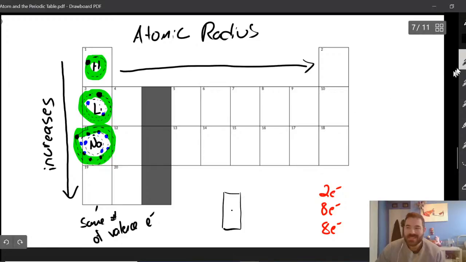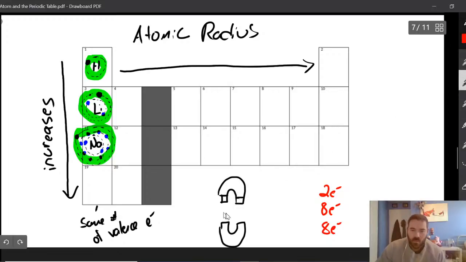So the size of the nucleus doesn't affect the size of the atom. It's mostly the size of the orbits that are affecting the size of the atom, and the affinity for the protons to attract its electrons. So if we think about a magnet, we have a magnet here, and then we have a magnet down here, and they're attracted to each other. They want to get to each other.